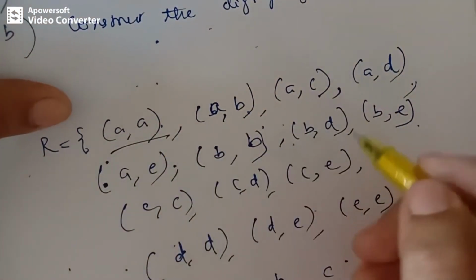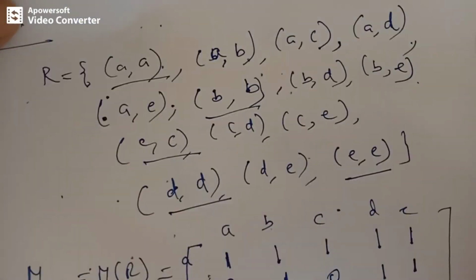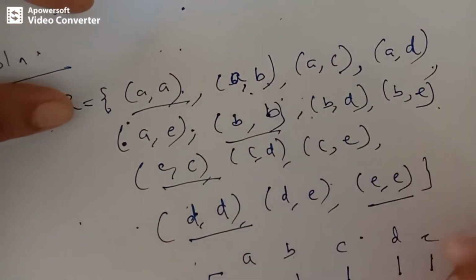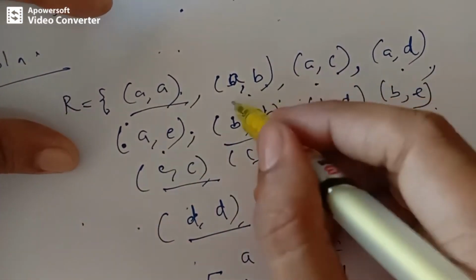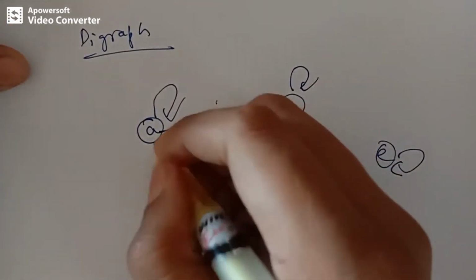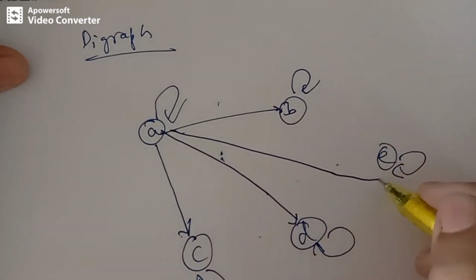So these are done, right? A, A, B, B, C, C, D, D and E, E is done. Next we need to represent the edge A, B. Okay, A, C and A, D and A, E. Let's draw all these. So A, B, A, C, A, D and A, E.